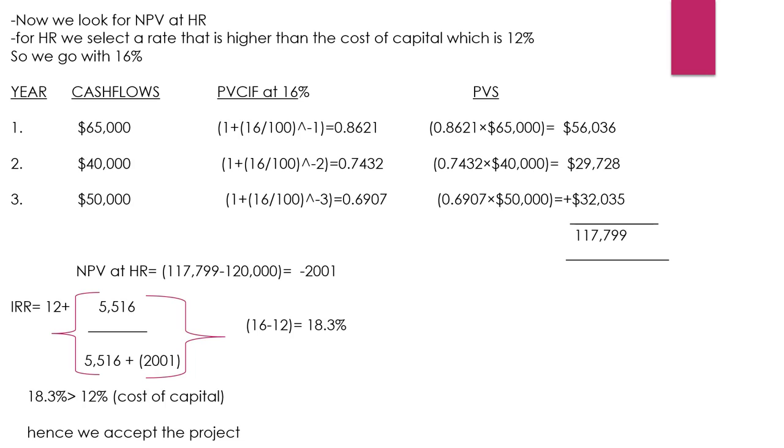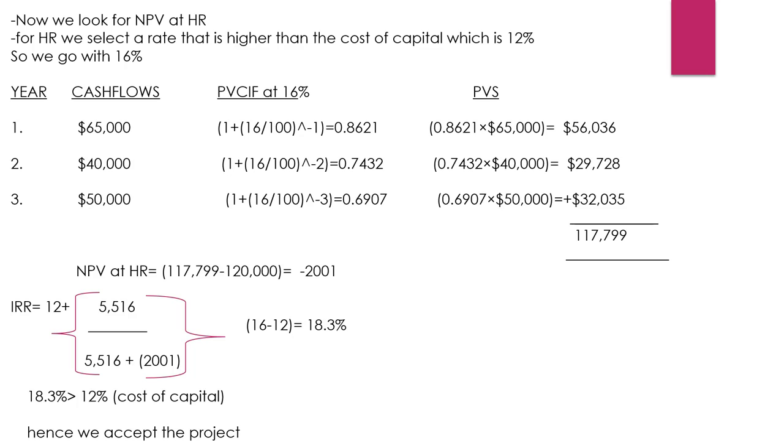So our lower rate was 12% plus our NPV at lower rate, which we have just gotten, was 5,516, divided by 5,516, which is our NPV at lower rate, plus -2,001, which is our NPV at higher rate, and close the bracket. Okay, 16 minus 12, which means higher rate minus lower rate.